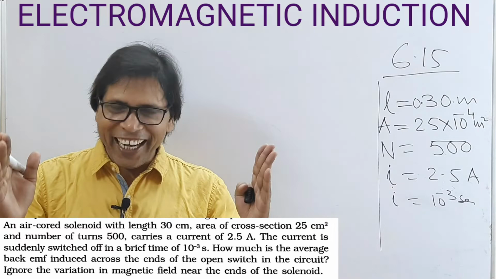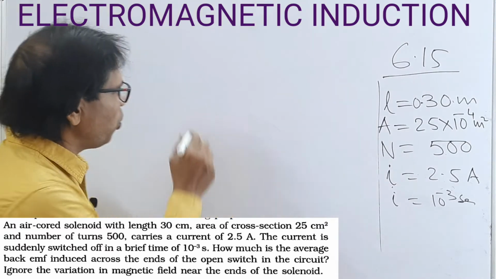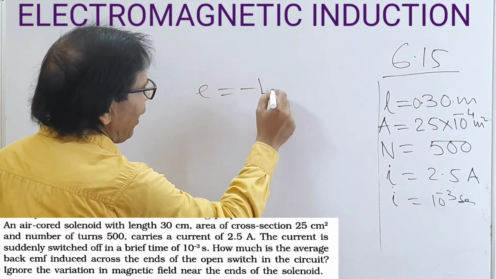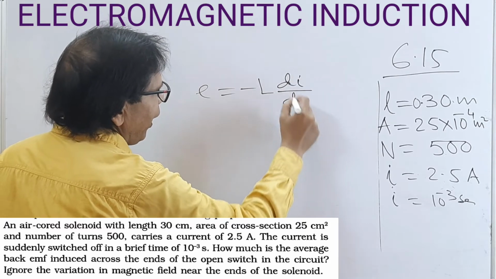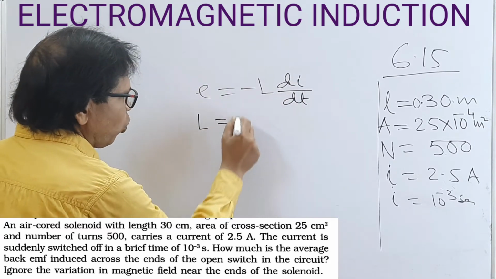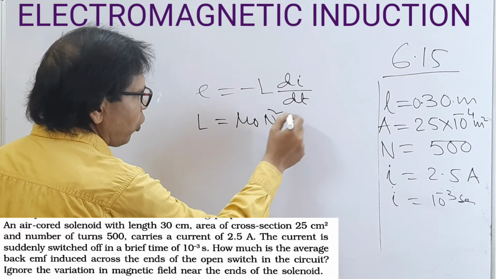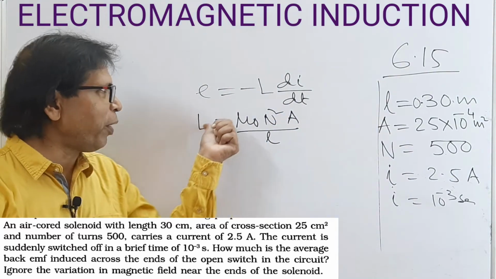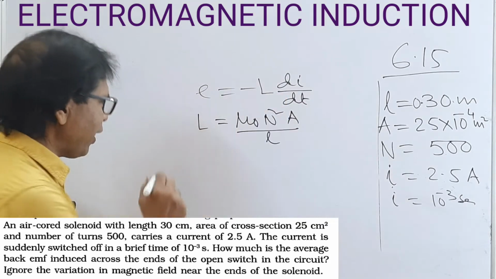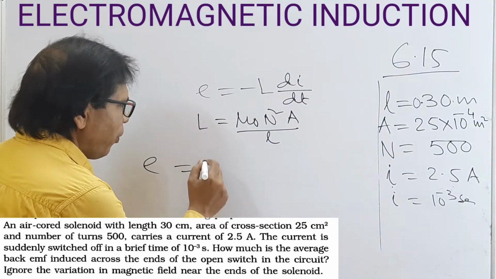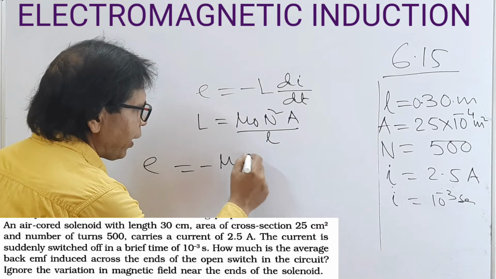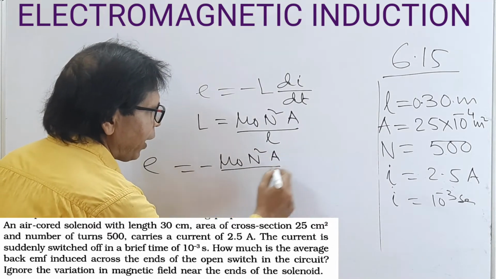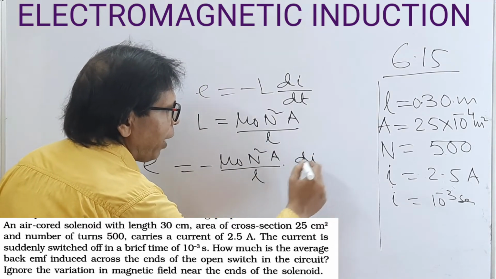We know the induced EMF E equals minus L di by dt. Again L equals mu naught n square A divided by L. Put the value of L in here. So E equals minus mu naught n square A by L into di by dt.